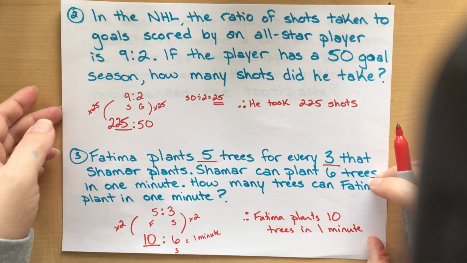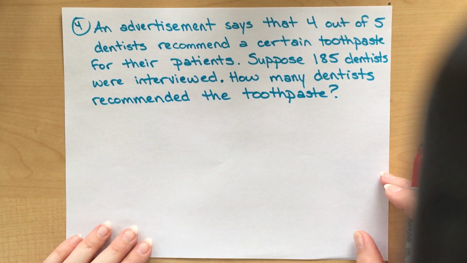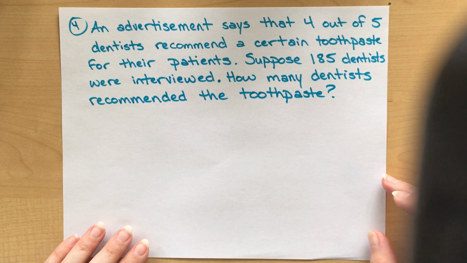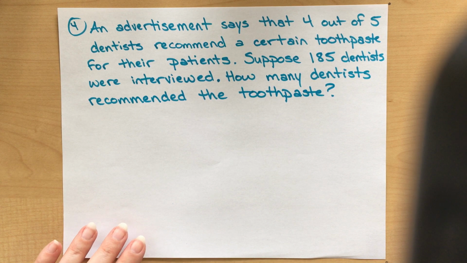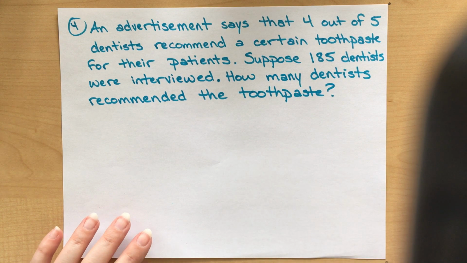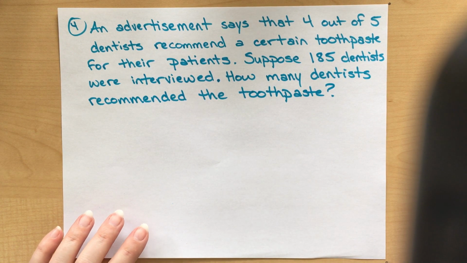Okay, and number 4. An advertisement says that 4 out of 5 dentists recommend a certain toothpaste for their patients. Okay, suppose 185 dentists were interviewed. How many dentists recommended the toothpaste? So this is an interesting question because you can actually read this as a fraction or as a ratio.